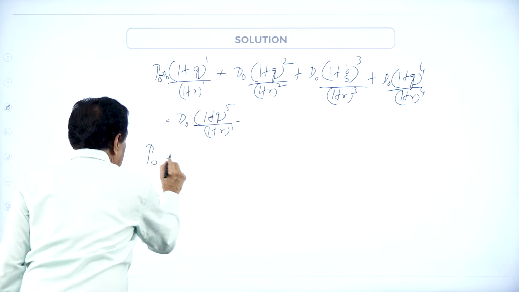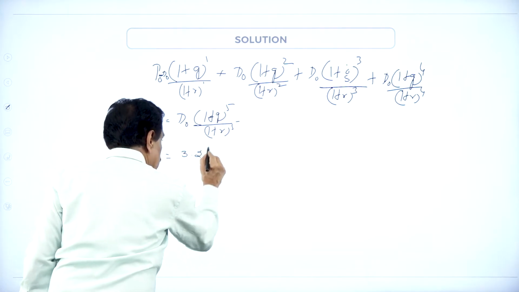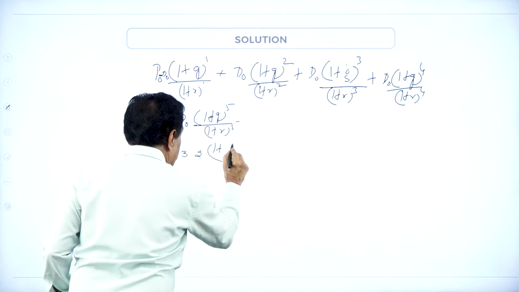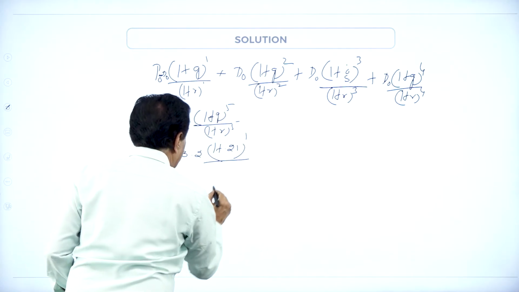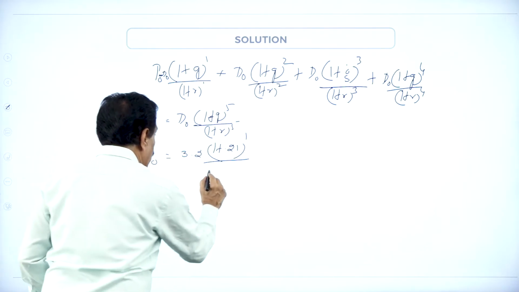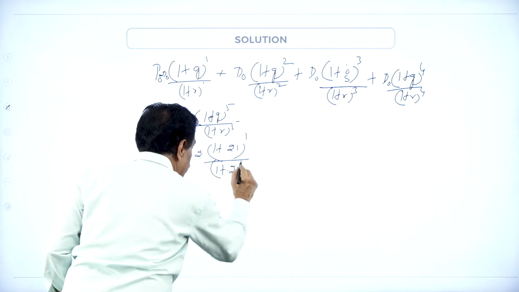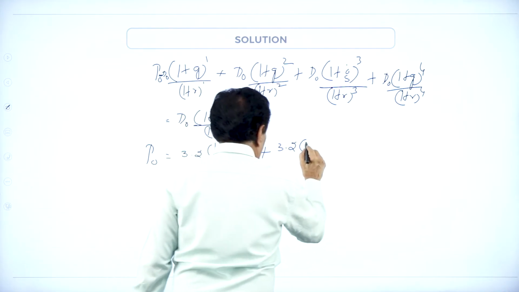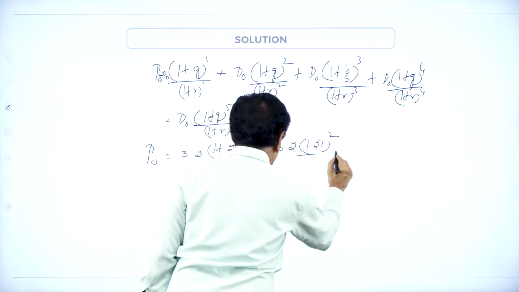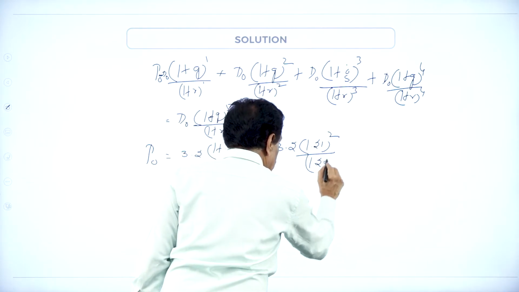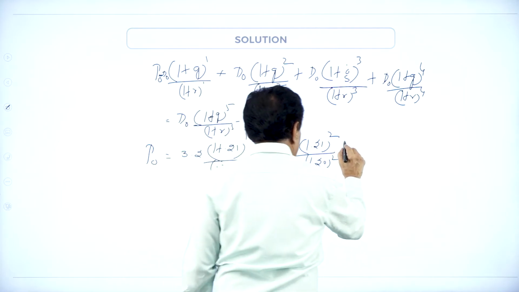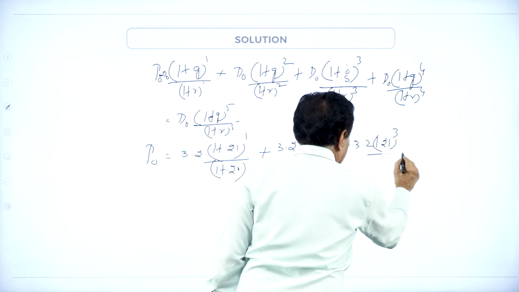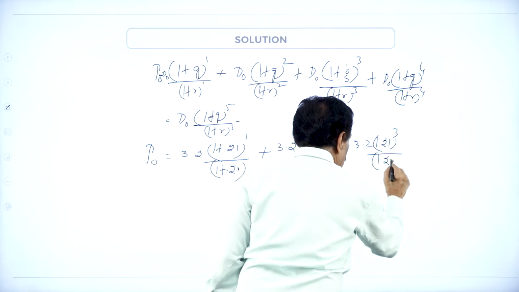P0 is equal to 3.2 into 1 plus 0.21 to the power of 1 divided by 1 plus 0.20, the required rate, plus 3.2 into 1.21 to the power of 2 divided by 1.20 to the power of 2, plus 3.2 into 1.21 to the power of 3 divided by 1.20 to the power of 3.